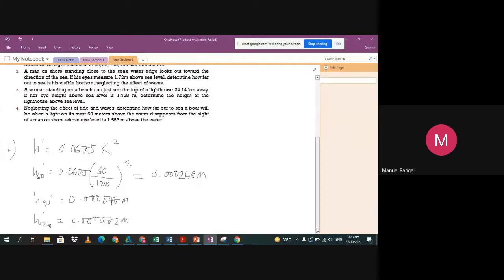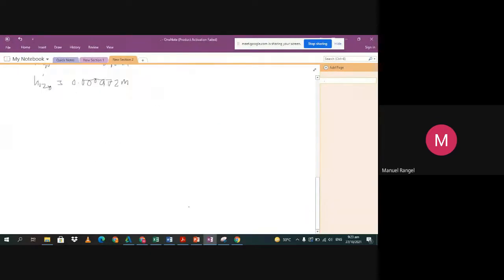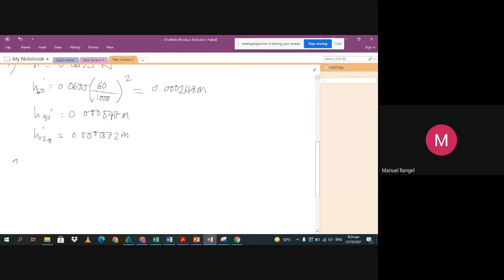So the K. Number 2. 1.72 meters. So ang required is the K.